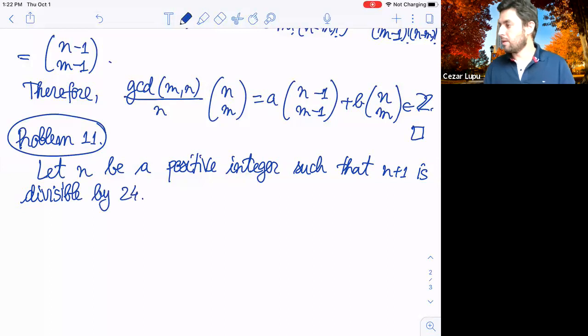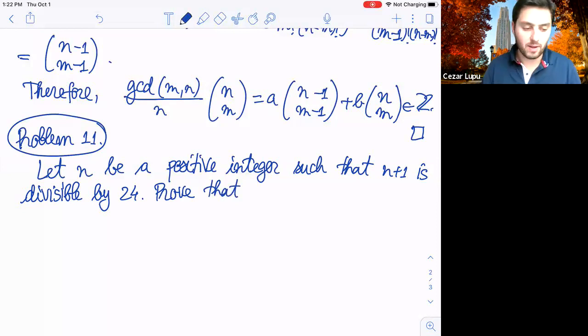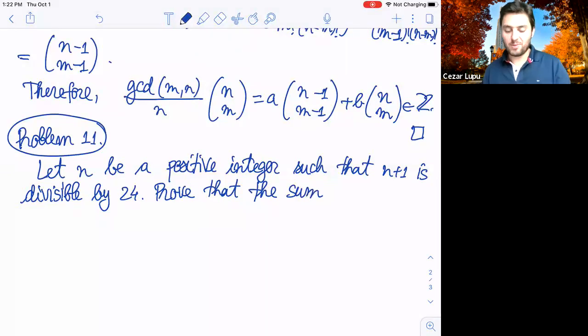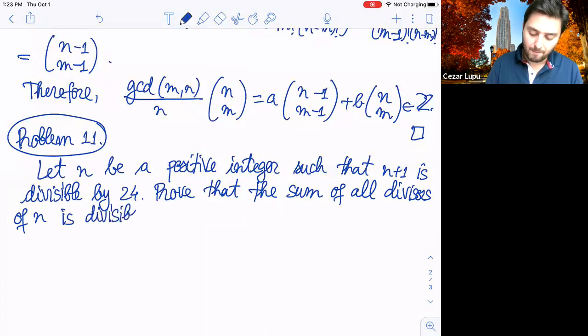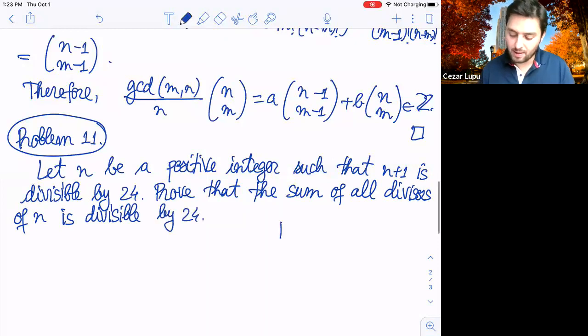Prove that the sum of all divisors of n, wow, the sum, we will see that some arithmetic functions will be involved here, is divisible by 24. That was Putnam B1, 1969.